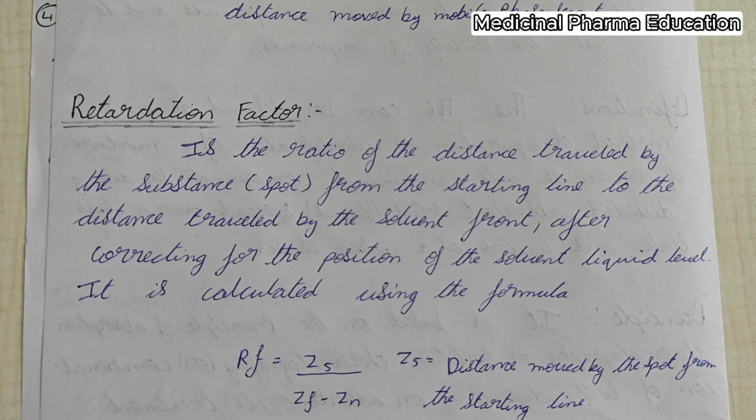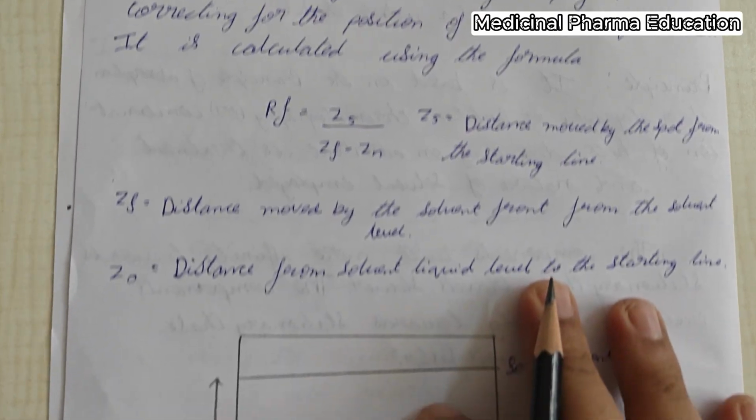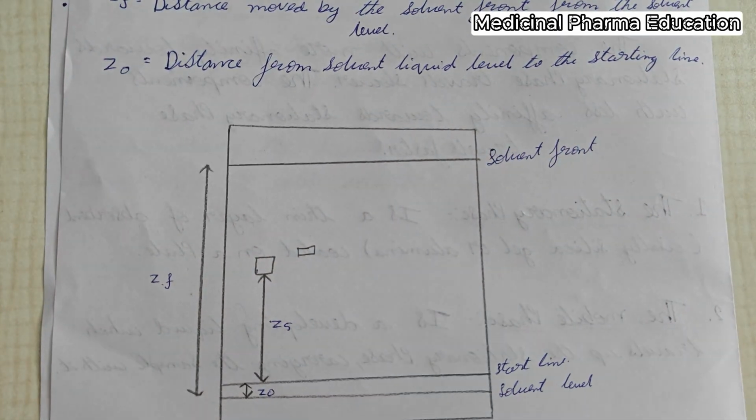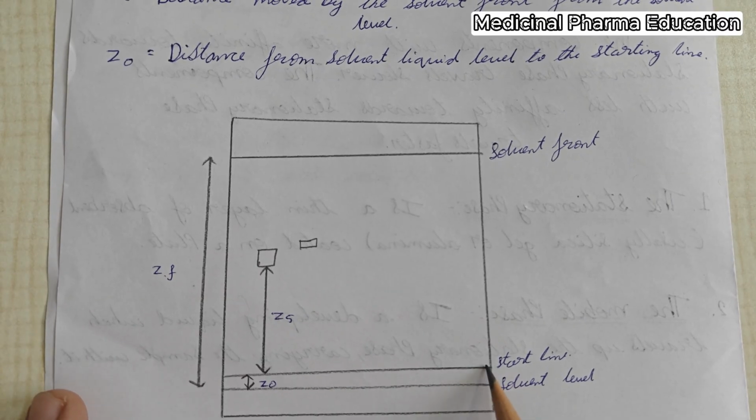See what happens here: the mobile phase moves on the glass plate and reaches the solvent front. At 75% we stop the experiment and remove the TLC plate. Just see this diagram. This is the starting line, this is the solvent level, and the plate is dipped.